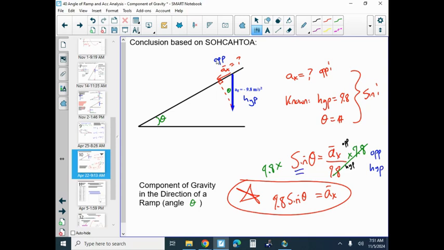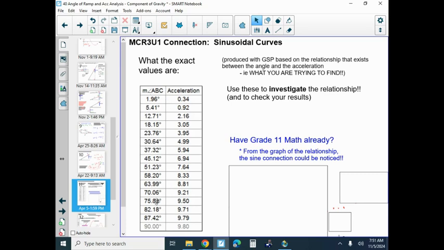So sine of the angle of the ramp equals opposite over hypotenuse. And so mathematically, the x component really is 9.8 sine theta, right? The 9.8 sine theta is exactly what I used in the program to generate these numbers, okay?